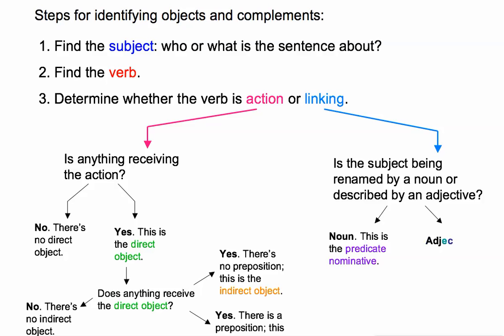If your answer is adjective, then you have found the predicate adjective that describes the subject. That's it. Those are all the basic parts of the sentence. Yes, it looks complicated, but if you get in the habit of going through this process, it's going to become faster, it's going to become easier, it's going to become second nature.